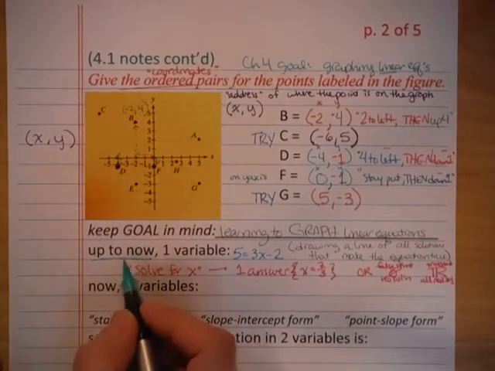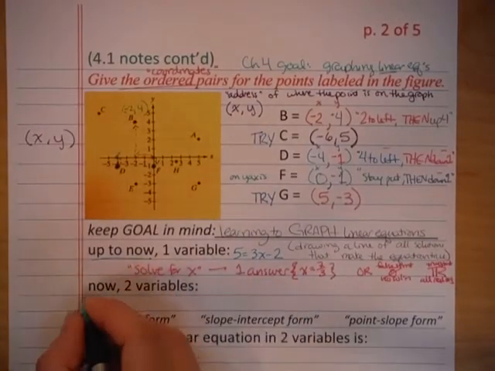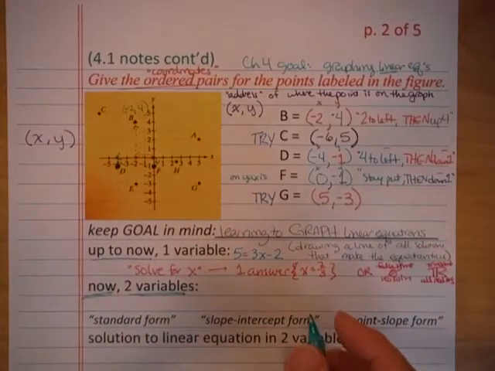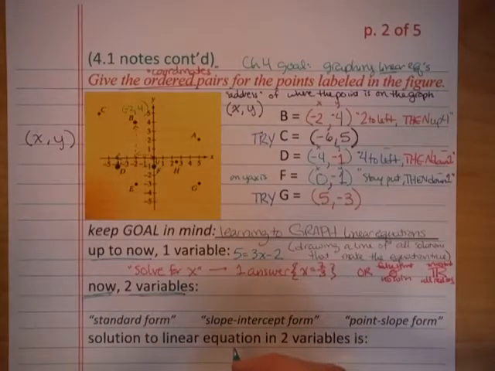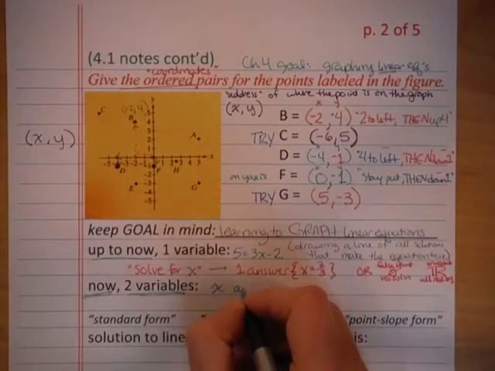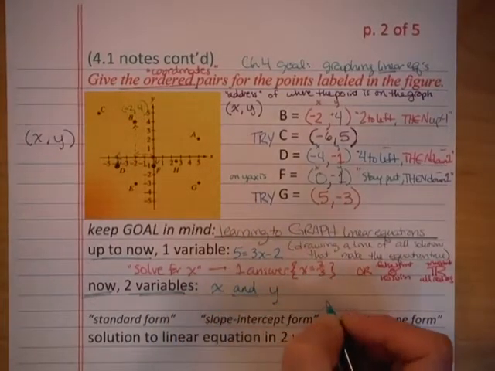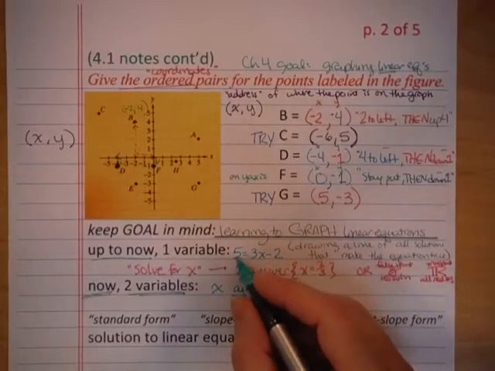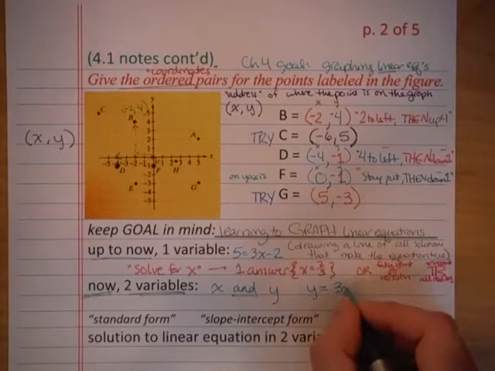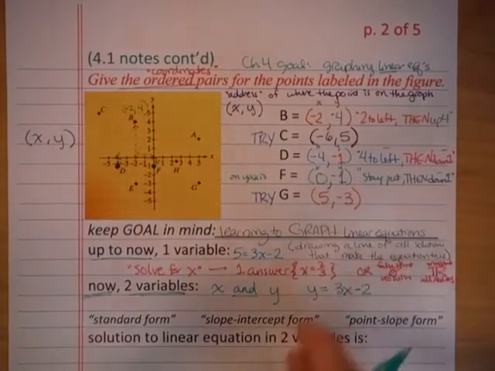Okay, so up to now it's just been one variable, but now we're going to be introducing two variables, two unknowns. So now we have x and y in our equation. And instead of 5 equals 3x minus 2, we're going to say y equals 3x minus 2.